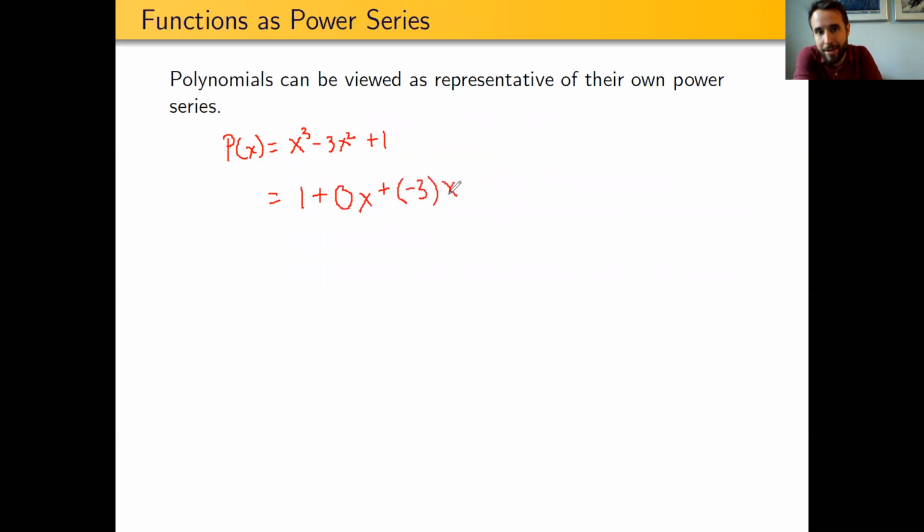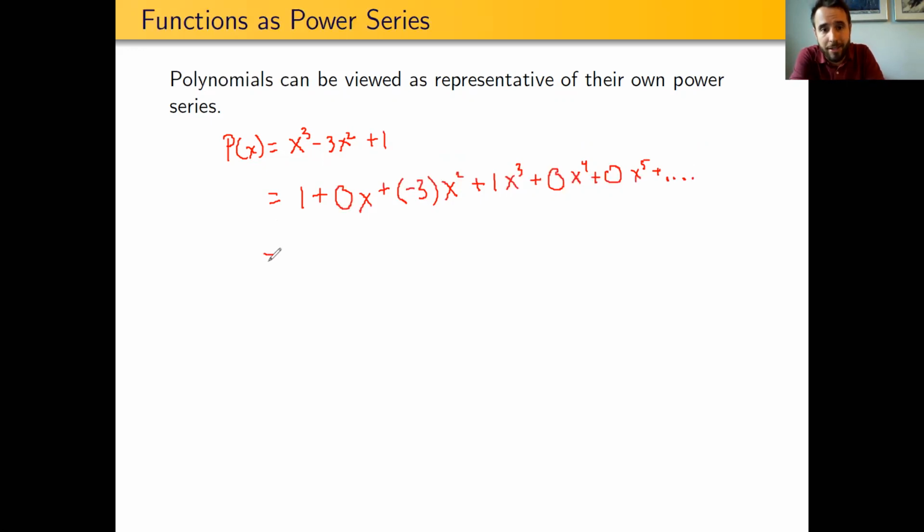So negative 3x squared plus, for the x cubed term, that's really just a 1x cubed plus, and because x cubed was our highest order of this polynomial, right? There's really 0 x to the fourth plus 0 x to the fifth plus 0 x to the sixth, and so on and so on.